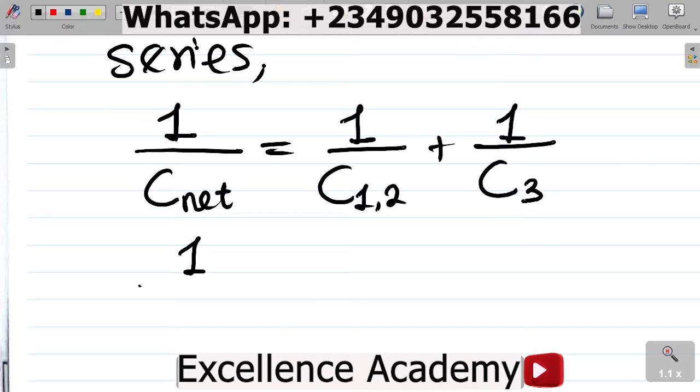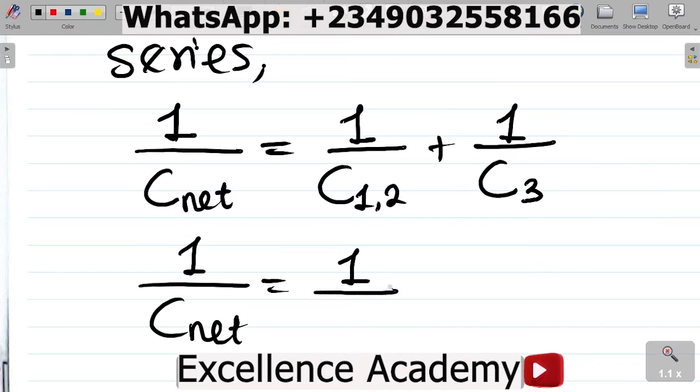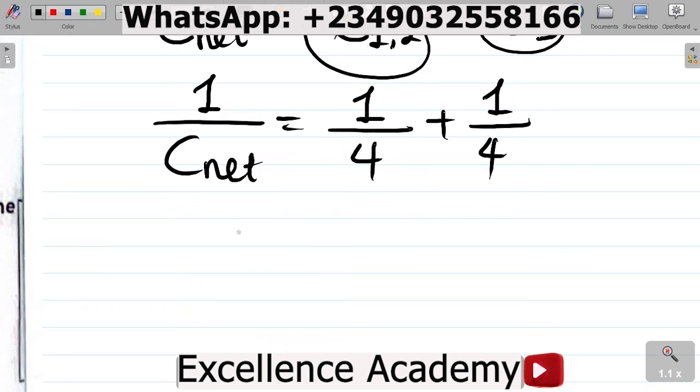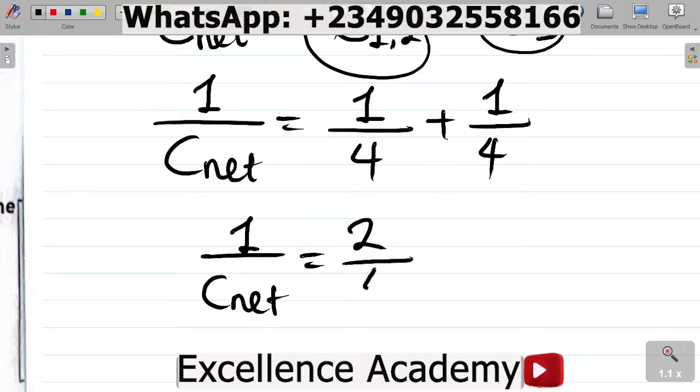I have 1 all over C net equal to 1 all over 4, plus 1 all over 4. Summing, 1 over 4 plus 1 over 4 gives you 2 over 4.